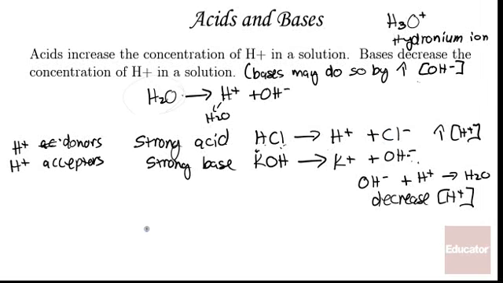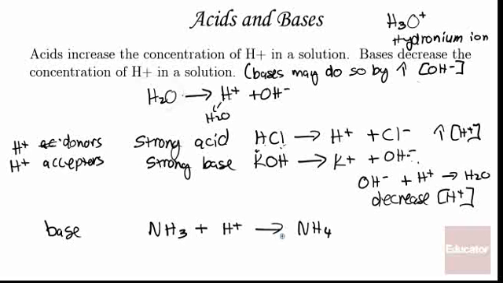Another example is ammonia, and let's look at what happens with this. This is a base. Now, it doesn't form hydroxide ions. In fact, it actually lowers the concentration of the hydrogen ions directly. It is a hydrogen ion acceptor.